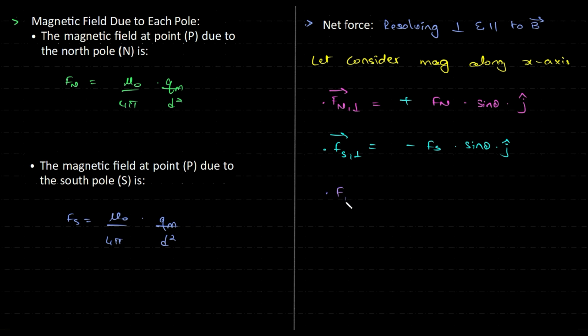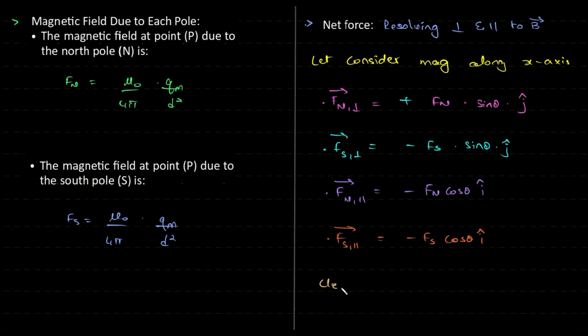While your Fn parallel will be minus because it's to the left, and this is cos of theta. See, it's very simple. If you can imagine it in your head, this is straightforward. Fs parallel also is the same stuff, actually, I cap.